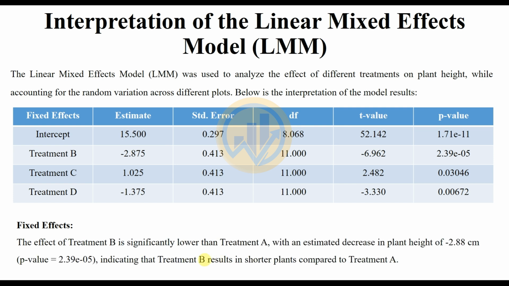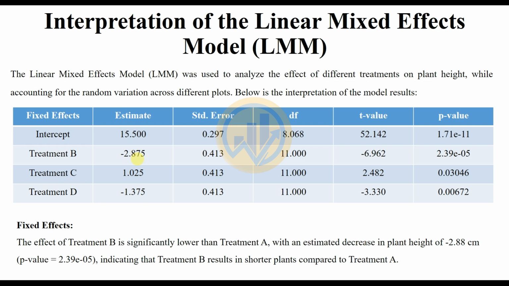The effect of treatment B is significantly lower than treatment A, with an estimated decrease in plant height of minus 2.875.